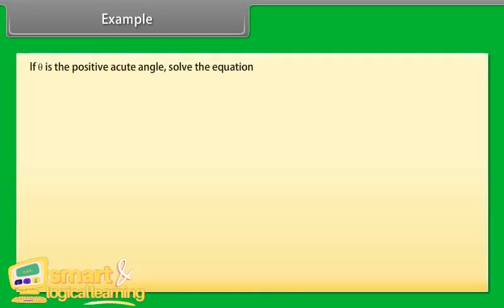Example. If θ is a positive acute angle, solve the equation 4cos²θ − 4sin θ = 1.